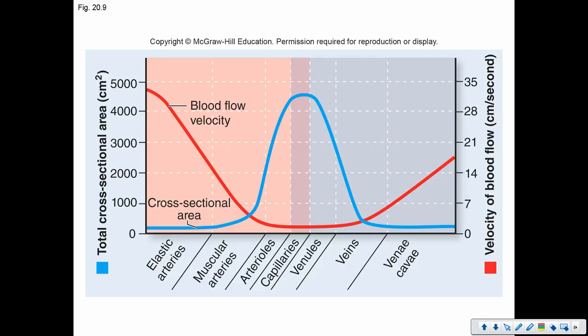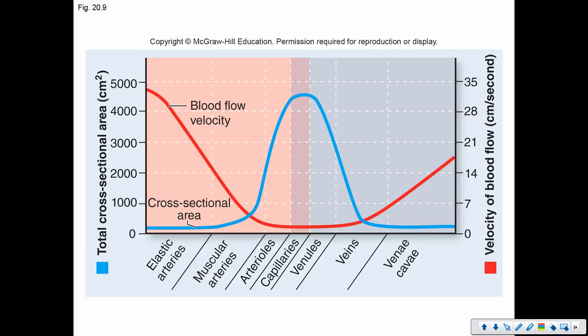So when we see the cross-sectional area of the arterioles, the capillaries, venules, veins, you can see that the velocity of the blood flow through those areas is way down because of the cross-sectional area. There's more available area for the blood to pass through, so it's going to be slowing down.